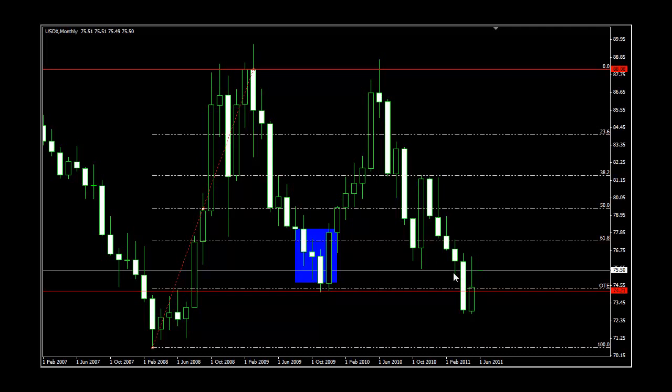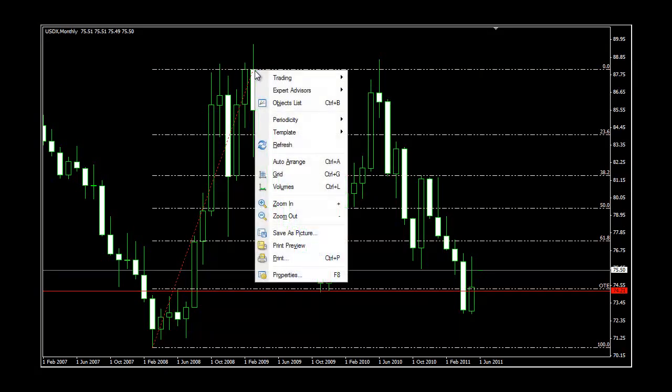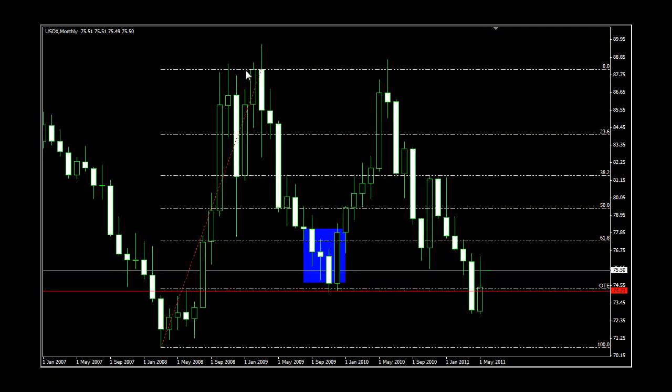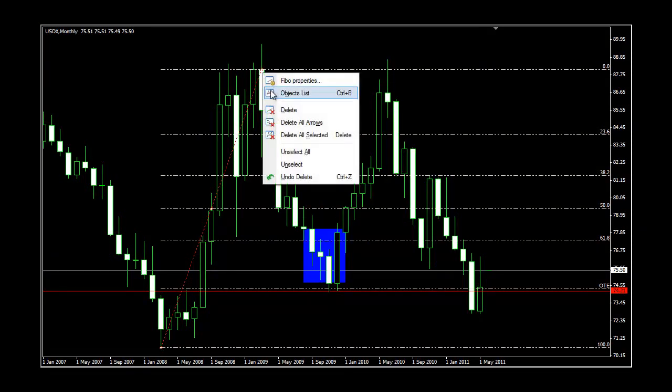Now we are recently trading in this vicinity here, back below these lows as well. Now this red line in here, let's take this one off because we're no longer going to use it for this explanation. And we'll take the fib off for a moment, and we'll come back to that should we need to.